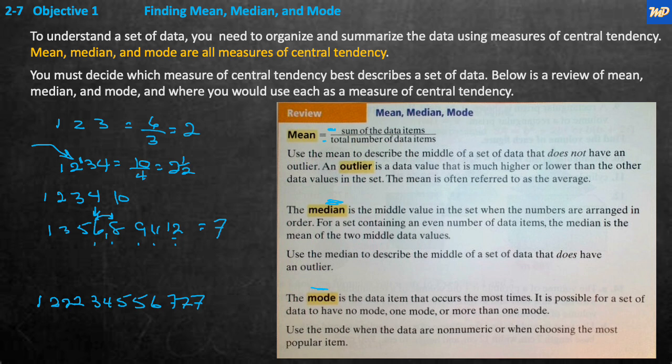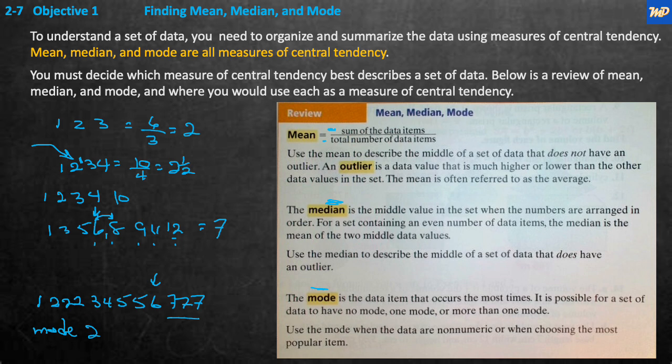Well, in this particular set, if this set stopped right here at the 6 and it didn't run these 7s at the end, you'd have 2, 2, 2, 3, 4, 5, 5, and a 6. Well, there are 3 2s. So in this case, the mode would be equal to 2, because that occurs the most.